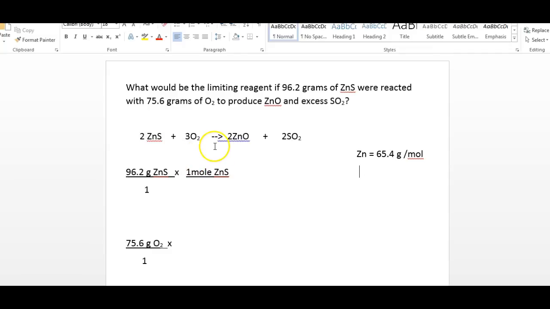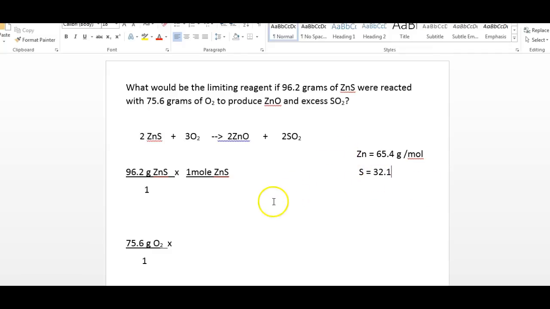Then we would do sulfur, and looking at our red sheet, that's 32.1.